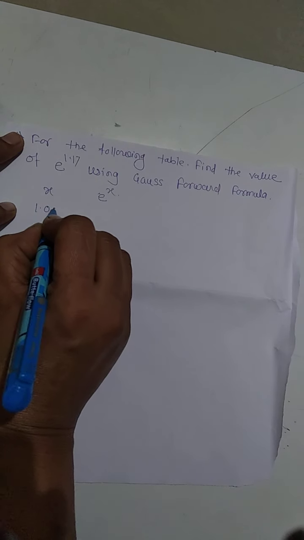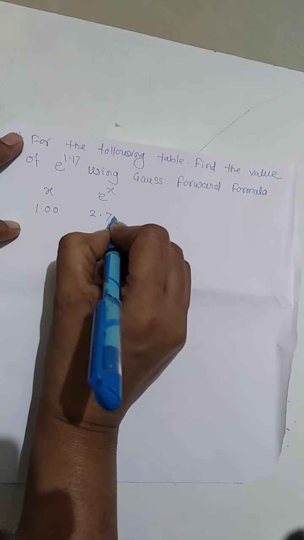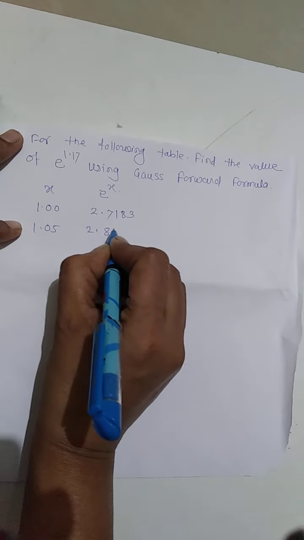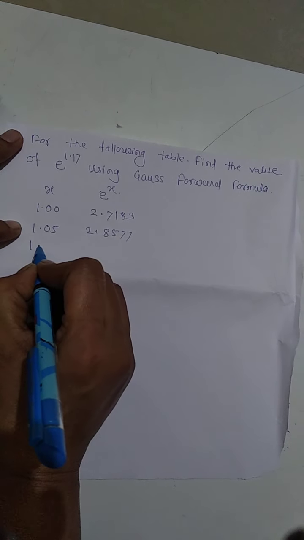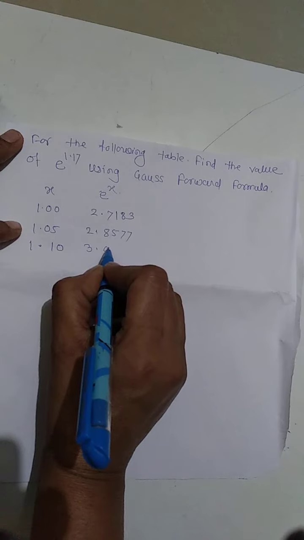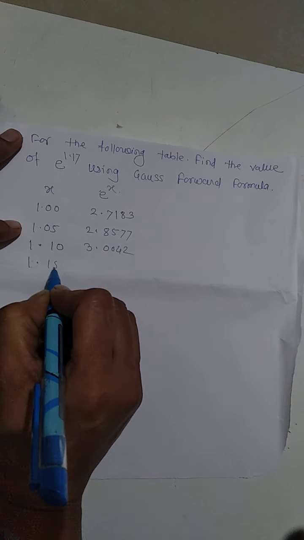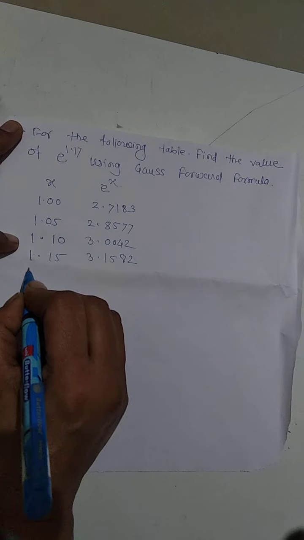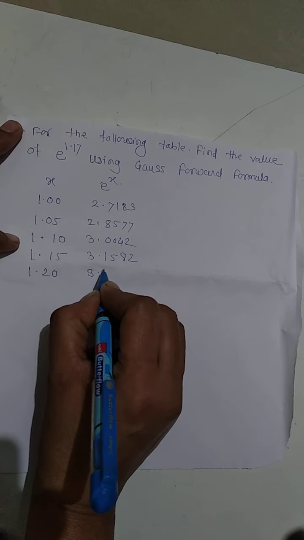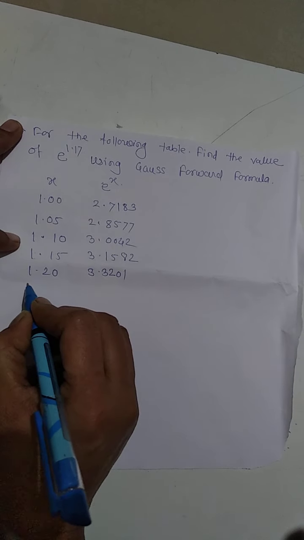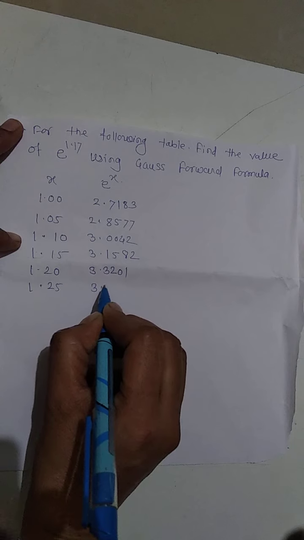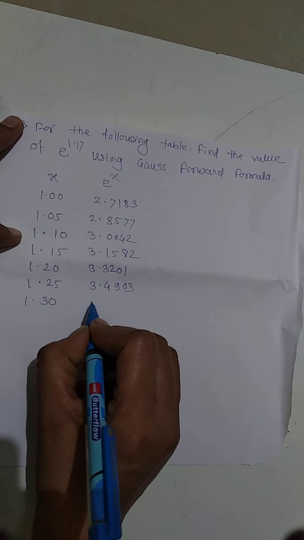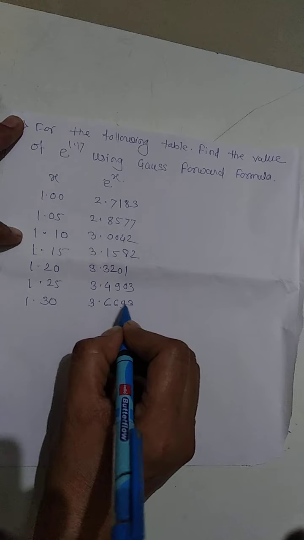X is 1.00, e to the power x is 2.7183; 1.05, 2.8577; 1.10, 3.0042; 1.15, 3.1582; 1.20, 3.3201; 1.25, 3.4903; 1.30, 3.6693.